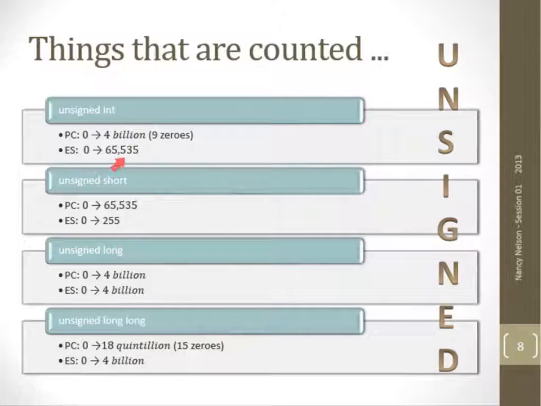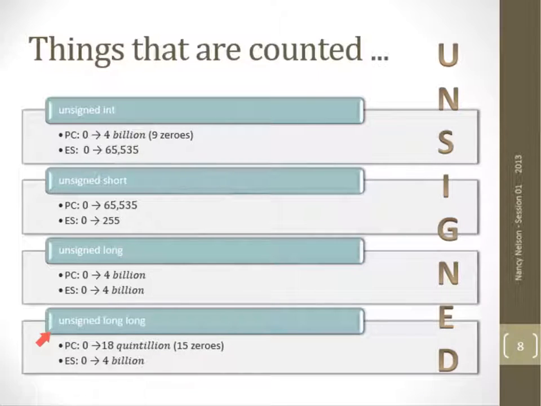So from 0 up to twice 32,000 and some. We look at our unsigned short. We're taking that what before was minus 128 to plus 127, and now we're making those all positive, so 0 to 255. We have an unsigned long, which goes from 0 to 4 billion. Before, we went from minus 2 billion to plus 2 billion.